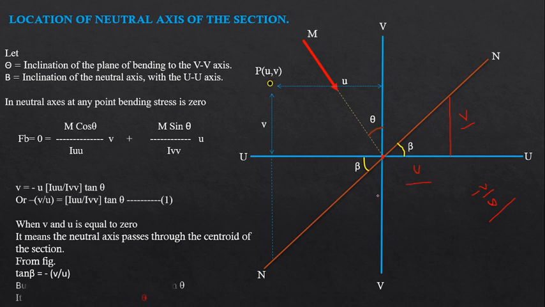But we know the equation minus V upon U equals Iuu upon Ibb tan theta. So it means tan beta equals Iuu upon Ibb tan theta. So if we have the value of beta, we can easily locate the neutral axis. Thank you so much.